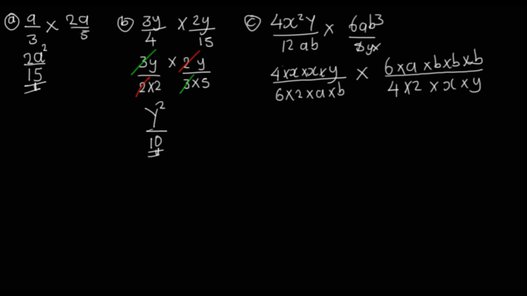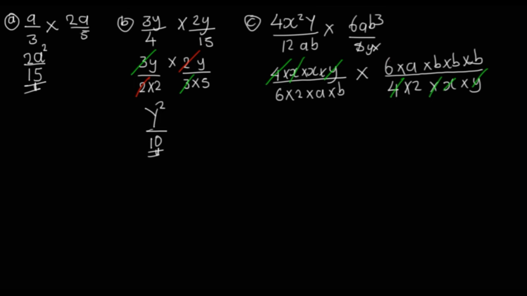So we can cancel some common factors. I can cancel this 4 here. Then 1x, I also cancel this. Then this y and also this y can be cancelled. Now let's look at the opposite side.